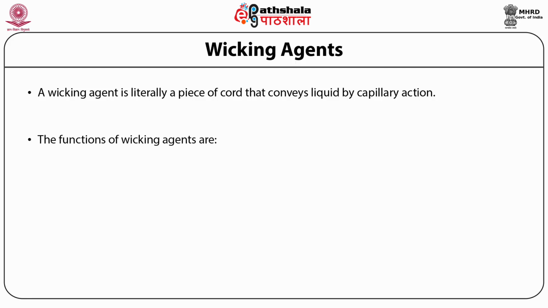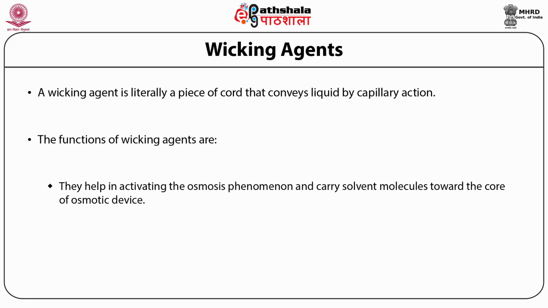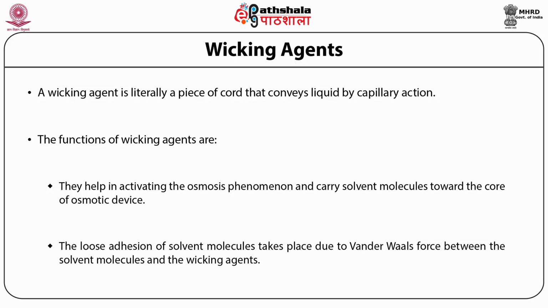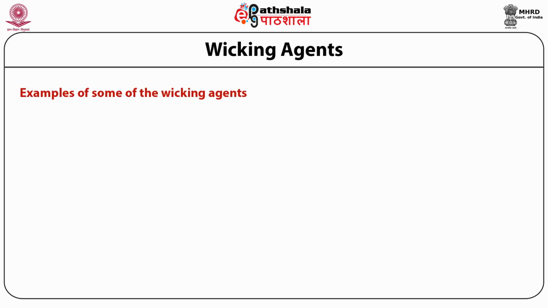The function of wicking agents is that they help in activating the osmotic phenomena and carrying solvent molecules toward the core of the osmotic device. The loose adhesion of solvent molecules takes place due to the van der Waals force between the solvent molecules and wicking agents. Here are examples of some wicking agents commonly used in osmotic controlled drug delivery systems.